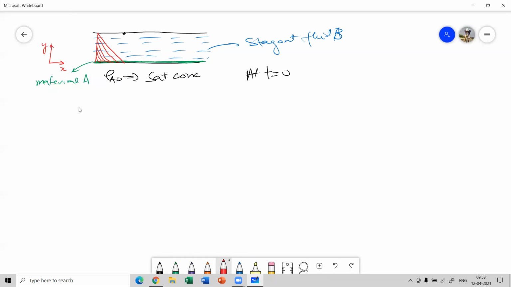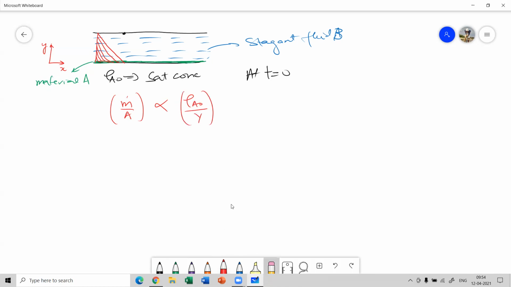Now, experimental measurements indicate that the mass flux of A is directly proportional to the concentration gradient, that is rho A naught by y.